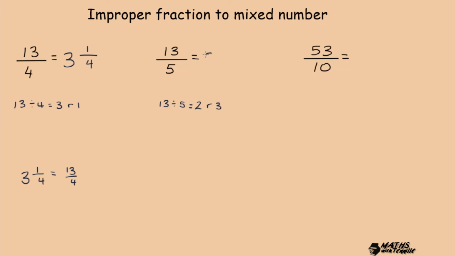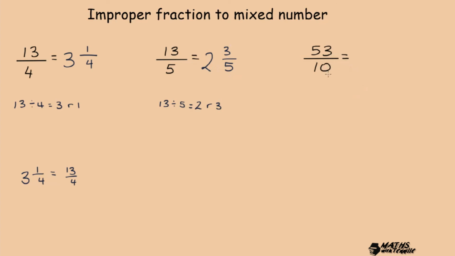So I can get 2 whole pizzas, that's my 10 slices, and my 3 extra slices becomes my numerator, and my denominator always stays the same. So 13 over 5 equals 2 and 3/5.